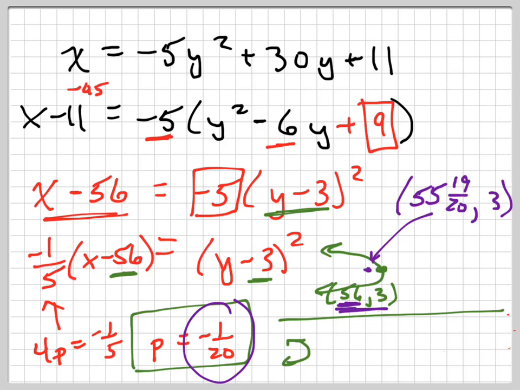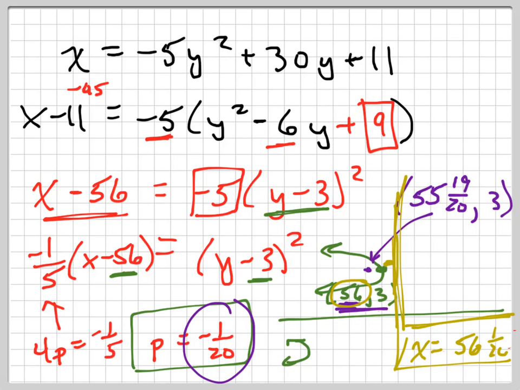Now I'll use gold for my directrix. The directrix is the same distance away, but on the outside of the graph, so it's a vertical line, x equals, and I have to add 1/20th to 56. So it's 56 and 1/20th. So here's my directrix, here's my focus, here's my vertex, and my graph is there in green.